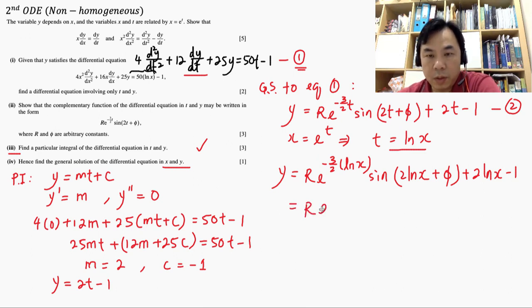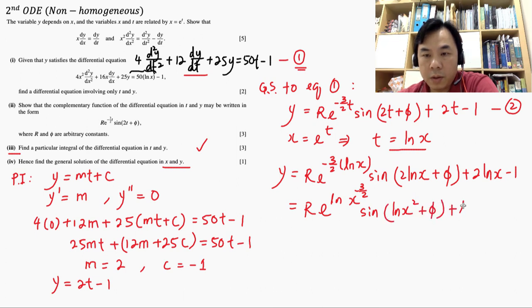If you want to simplify that, this one can be written as such: r x to the negative 3 over 2, sine ln x squared plus phi, plus ln x squared minus 1. Furthermore, we can simplify this as r x to the negative 3 over 2, sine.